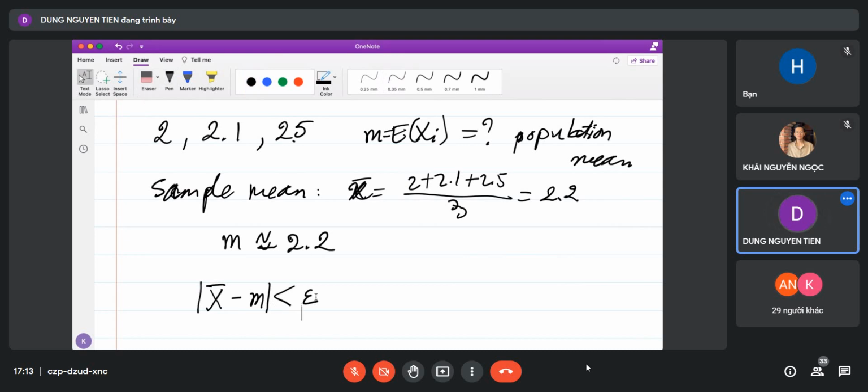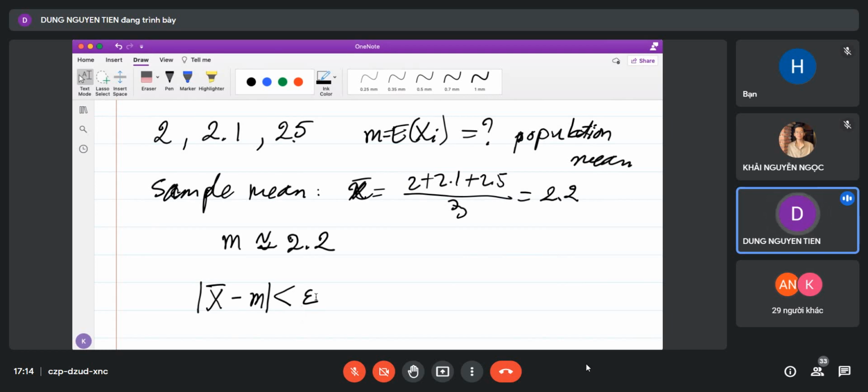If epsilon is big, the approximation is bad. And if epsilon is small, the approximation is good, right? You want to find the value of epsilon.